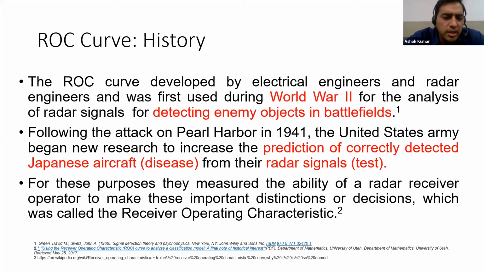Here we can assume that the Japanese aircraft is a disease, and radar signals means the test kit, the test. For this purpose, they measured the ability of a radar receiver operator to make these important distinctions or decisions, which was called the receiver operating characteristic.